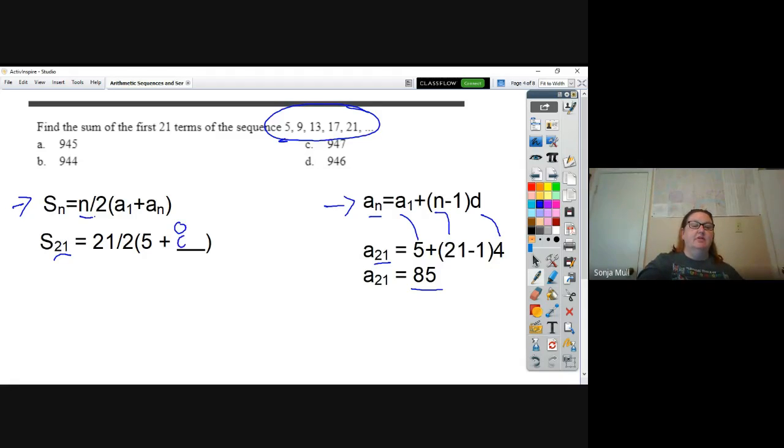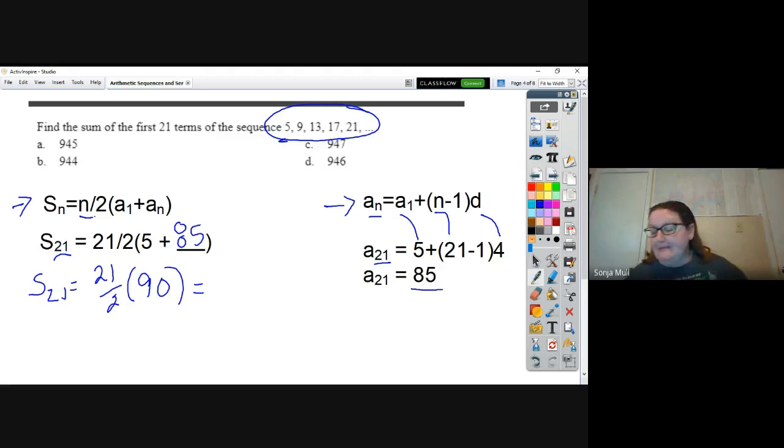So 85 is what I'm going to plug in here. And then again, I just have to do this arithmetic. So 21 divided by 2 times 90. Then I finish this up or put it in the calculator, and I get 945.